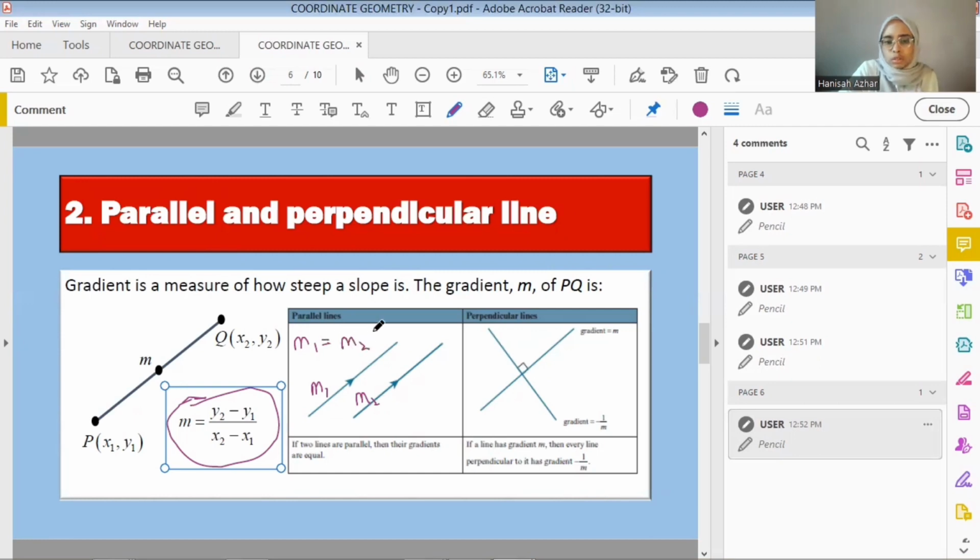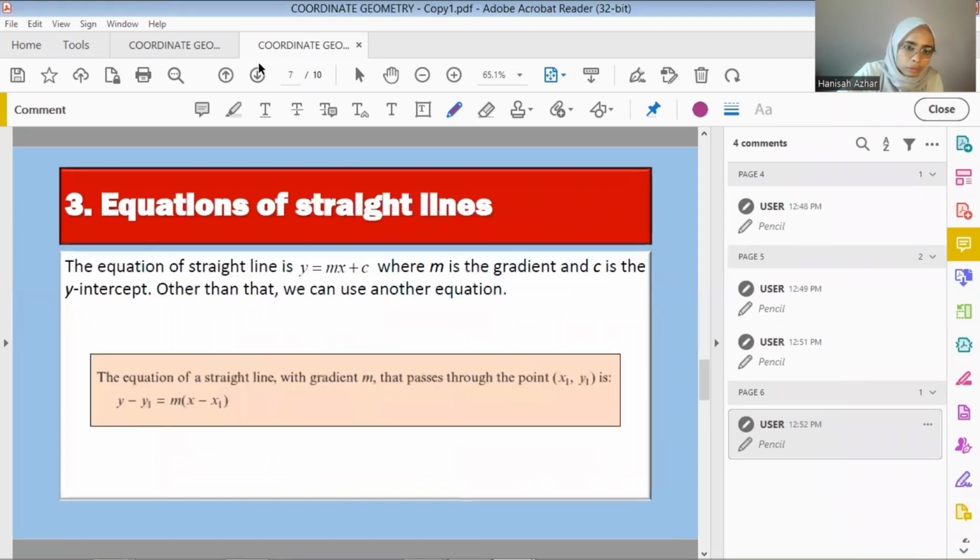If two lines are perpendicular to each other, the first line has gradient m, and the second one has gradient negative 1 over m. So how do we get the other gradient when we have only one gradient value? We can use the formula m1 times m2 equals negative 1.